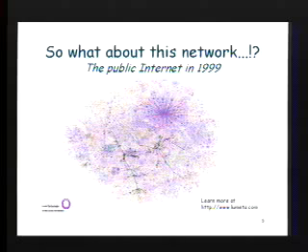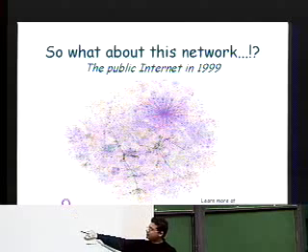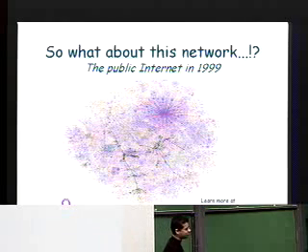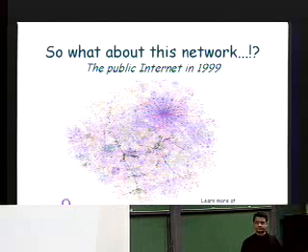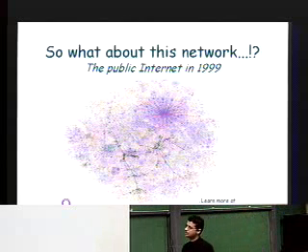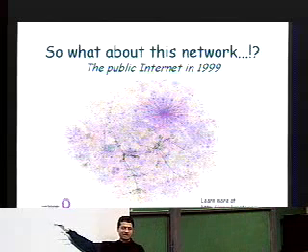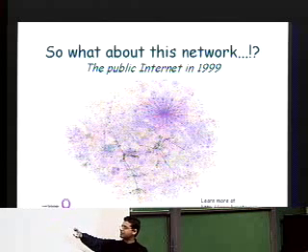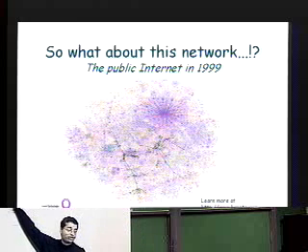So this is an example of what the internet looked like in 1999, and all the nodes here actually don't represent individual nodes but autonomous systems. So how do you choose a path from, let's say, sitting at Columbia going to CNN.com?